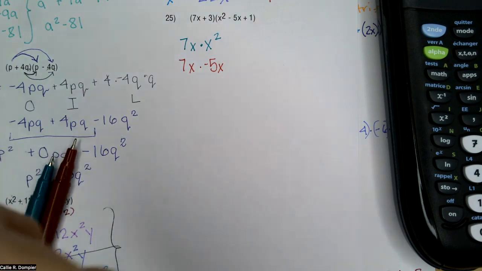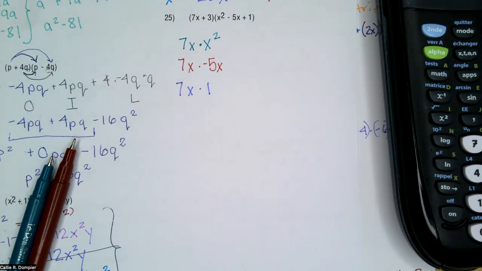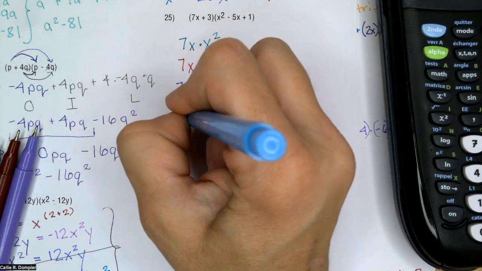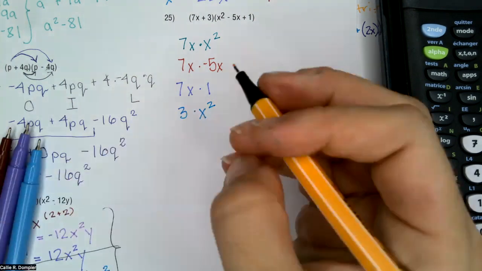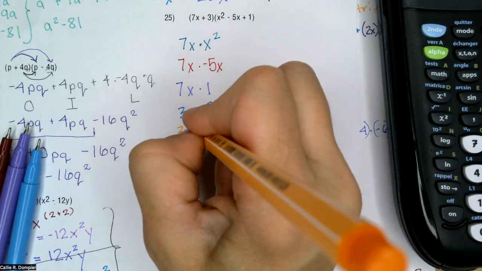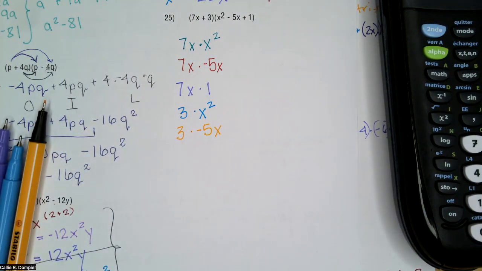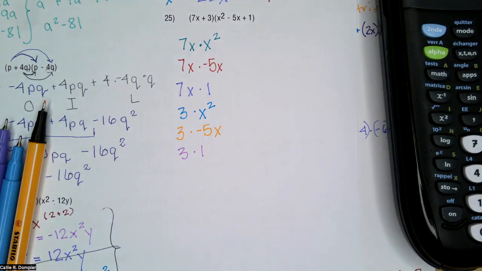And then I'm going to do 7x times 1. Then I'm going to move on to the 3. And I'm going to do 3 times x squared. 3 times negative 5x. And 3 times 1.